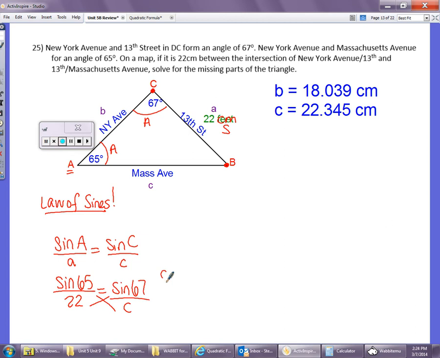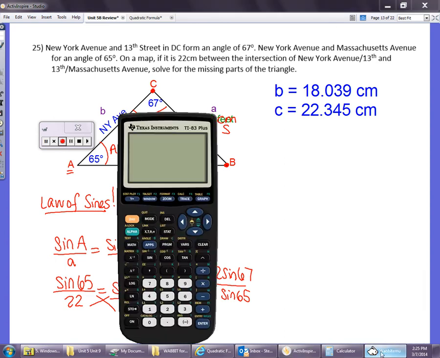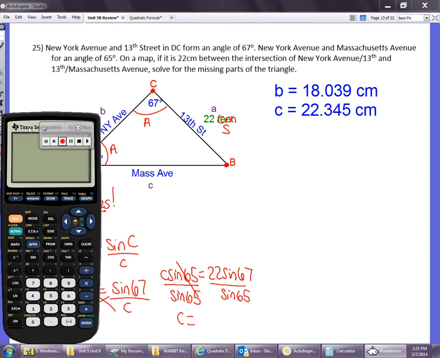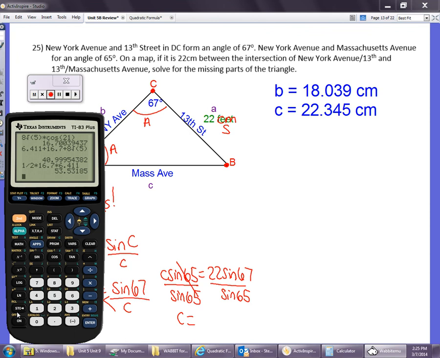Cross multiply. Divide by sine 65. And then in my calculator, I can just put this in exactly the way that I see it, making sure that my calculator is in degree mode.